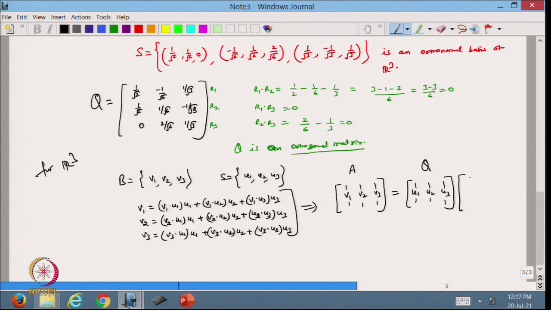This can be written as V1 dot U1, then V1 dot U2 and V1 dot U3, because when I multiply by this one, I will get this value. Now V2 dot U1, V2 dot U2 and V2 dot U3. Similarly, I can have V3 dot U1, V3 dot U2 and V3 dot U3.